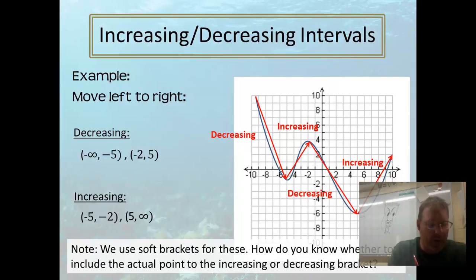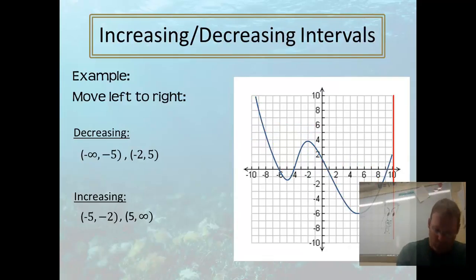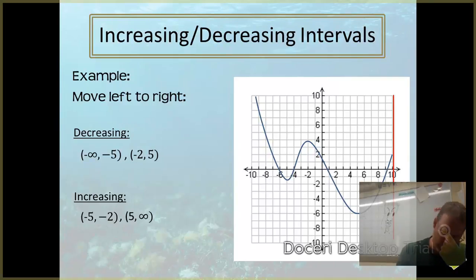For those of you who are going to move on to calculus, what you're actually going to find out is that right at these points where I drew my intervals, this thing is not cooperating.